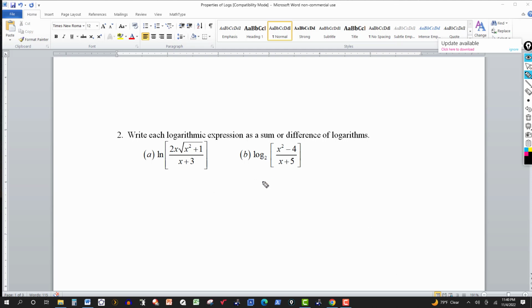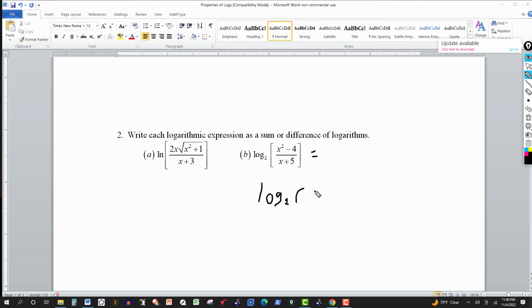Now this one, similar problem, it's the log of a fraction. This one is base 2, log to base 2. So I look at that as the numerator and the denominator. So you have the log of a fraction, it's always the log of the numerator.